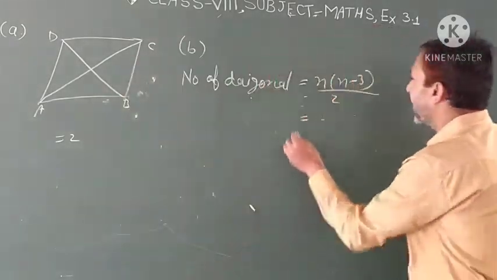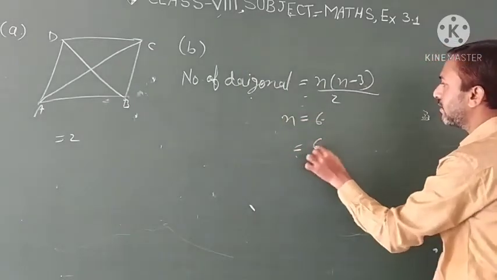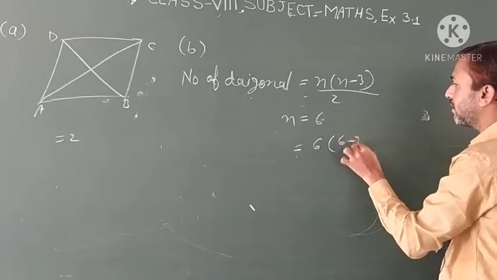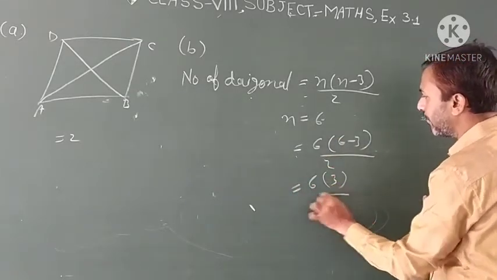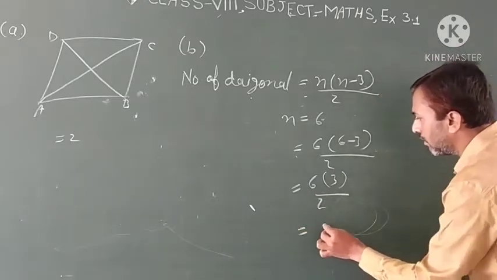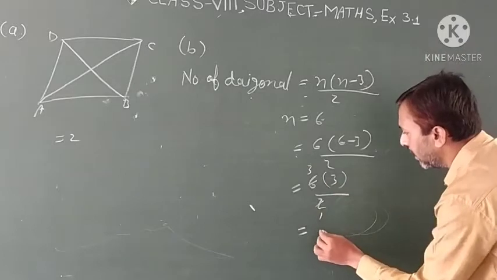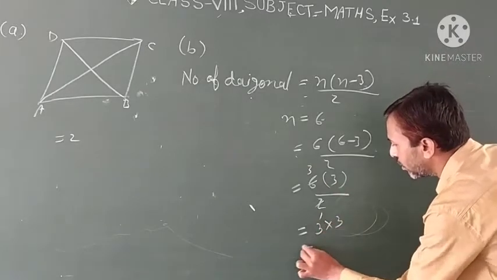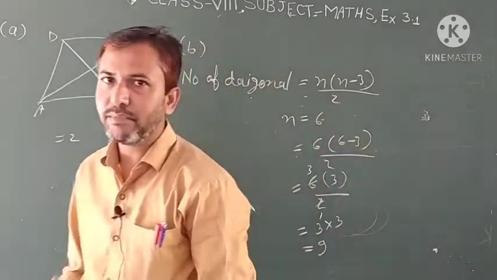The value of n is equal to 6. I need to put the value in the formula: 6 times (6 minus 3) upon 2. 6 minus 3 is 3, so 6 times 3 upon 2. Now I can cancel, 2 ones are 2 and 2 threes are 6. Now 3 multiplied by 3, the answer is 9. So if I have a hexagon, the number of diagonals is 9.